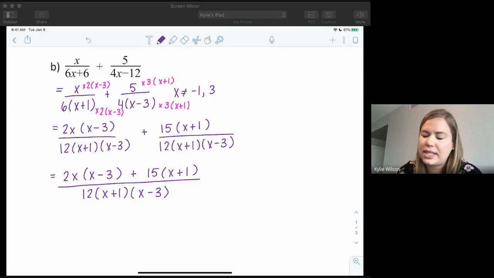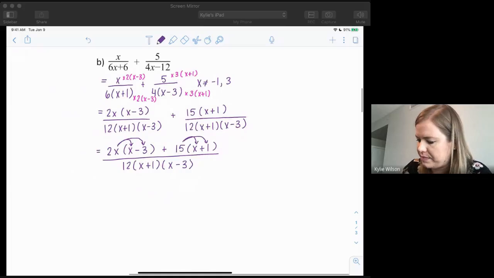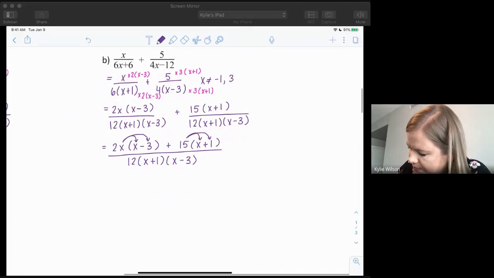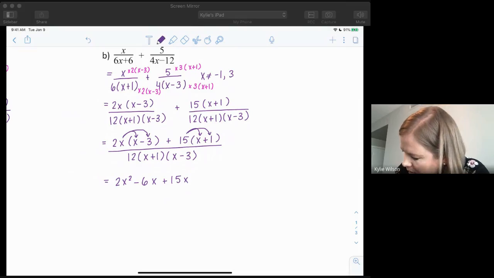In order to simplify the numerator, we will have to distribute and expand, and then collect like terms. That gives us 2x squared minus 6x plus 15x plus 15 all over 12 times x plus 1, x minus 3.